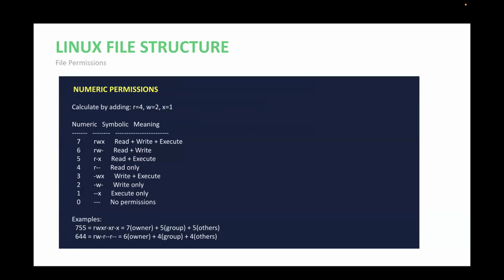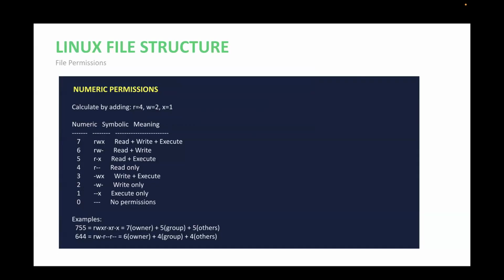For each permission, read, write, and execute, each of them has a numeric value, and those are the values used to calculate the read, write, execute permissions that each category of users gets.